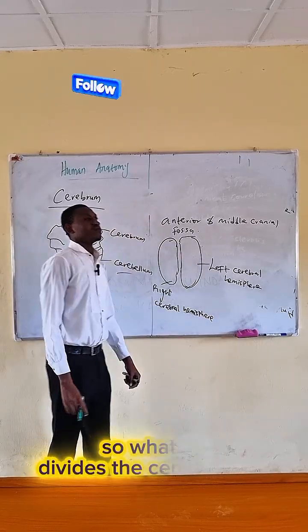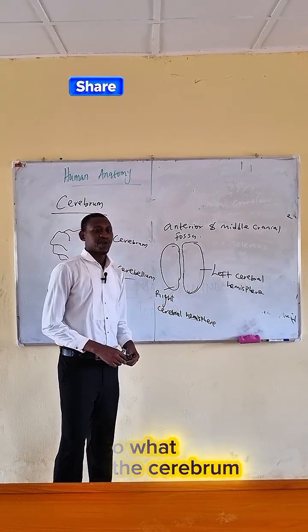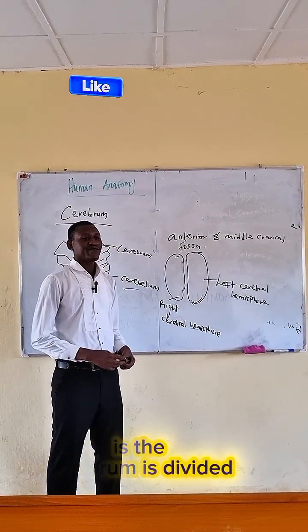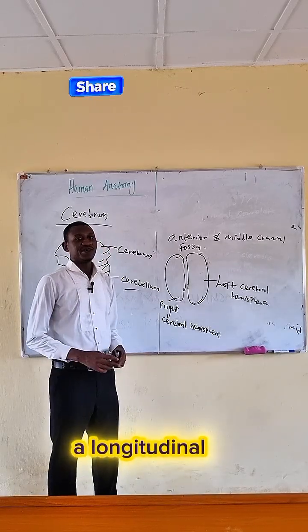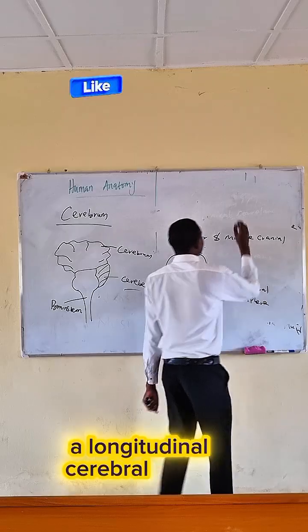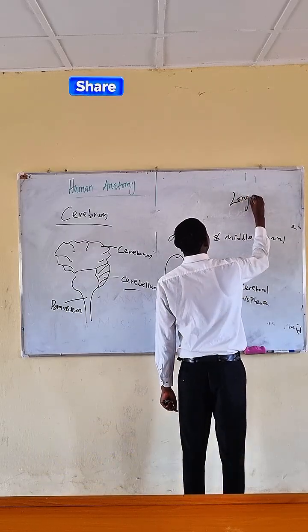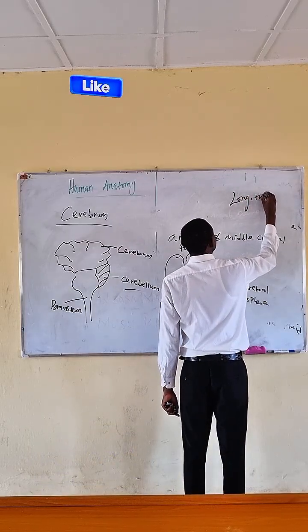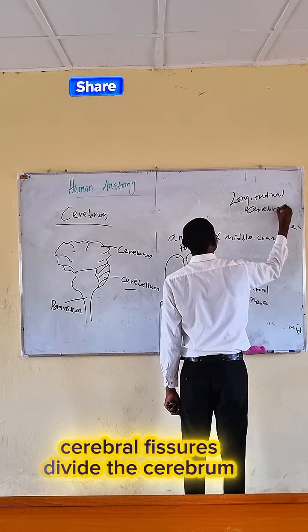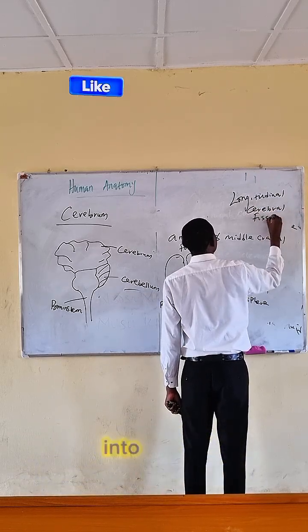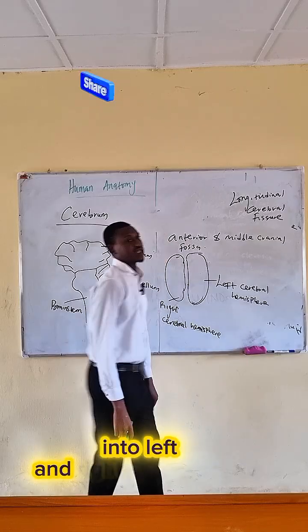What divides the cerebrum into hemispheres is a structure called the longitudinal cerebral fissure. The longitudinal cerebral fissure divides the cerebrum into left and right hemispheres.